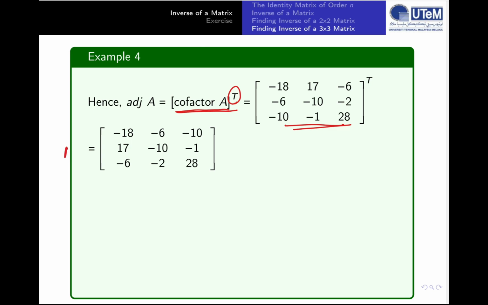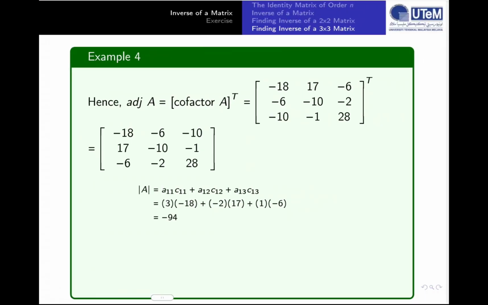Therefore, we can get the adjoint of matrix A here. So now we already have the adjoint. Next, we want to find the determinant because the formula is A inverse equals 1 over the determinant of matrix A times the adjoint of matrix A.